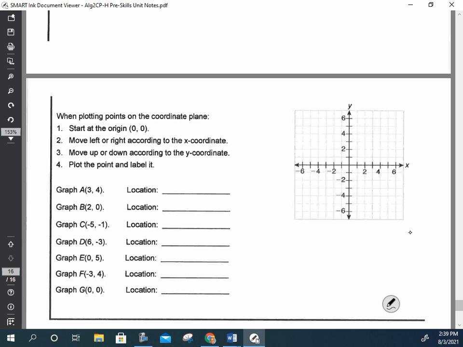So for point A, you have 3, 4. That means you would start from the origin, go to the right 3, go up 4, and plot your point.